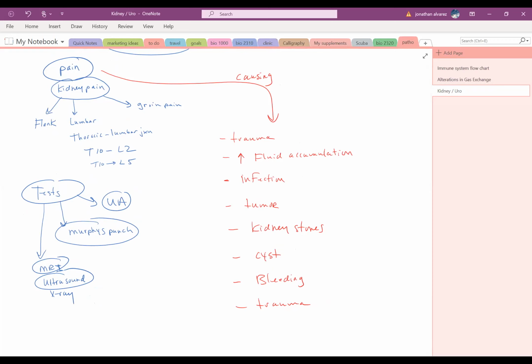And this is where your testing, your imaging studies, and your exams rule things in and rule things out.